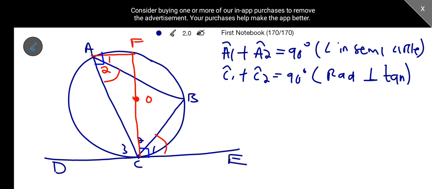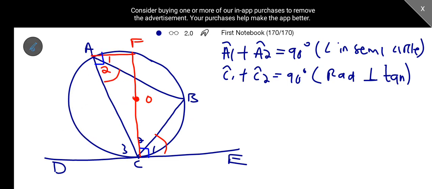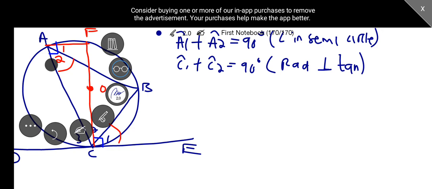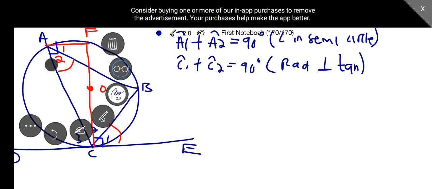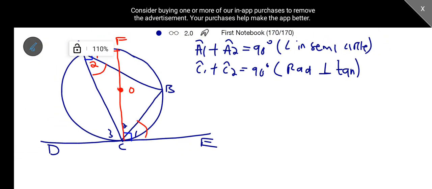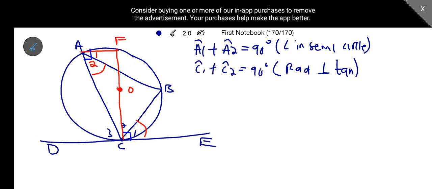Because we can see that A1 plus A2 and C1 plus C2 are both equal to 90, what does this mean?